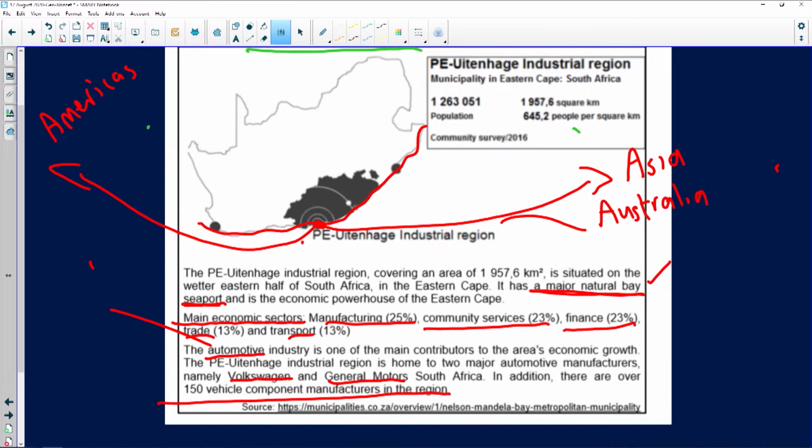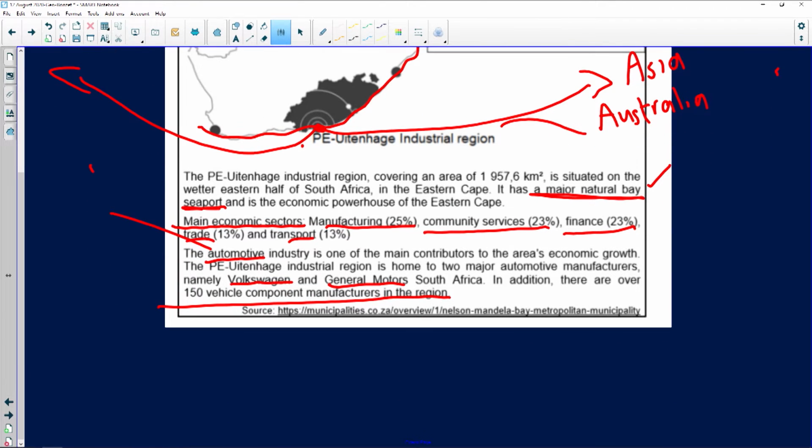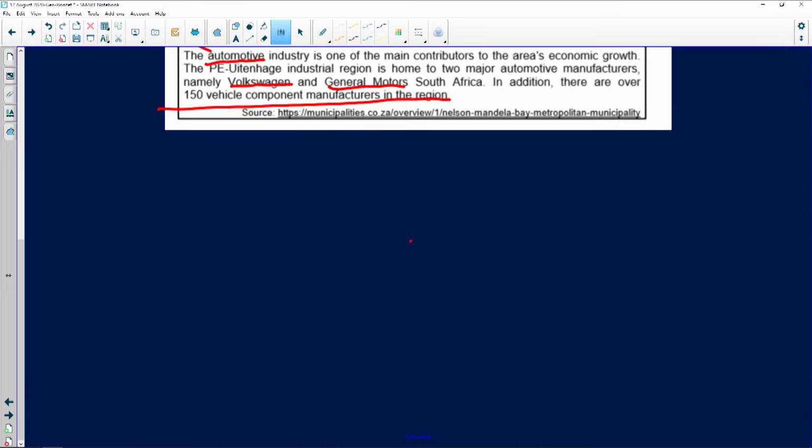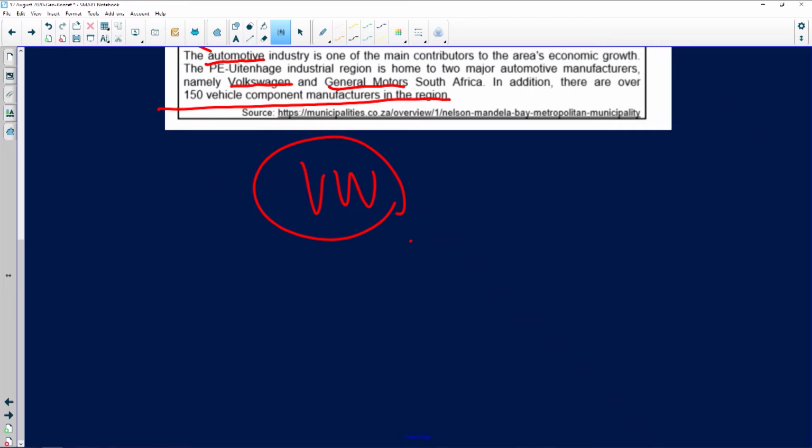But not only this, okay, this is a bombshell, this is where it comes in. We're not only talking about physically building the cars. The beauty of this is the following. If you look over here, 150 vehicle component manufacturers in the region. So, I want you to think of it. There's VW, the actual car.